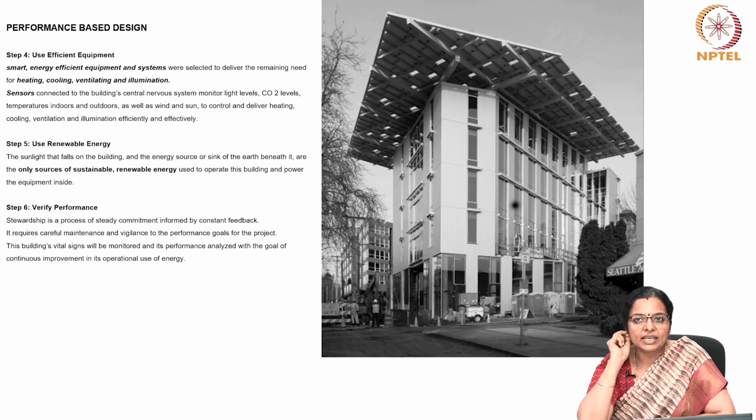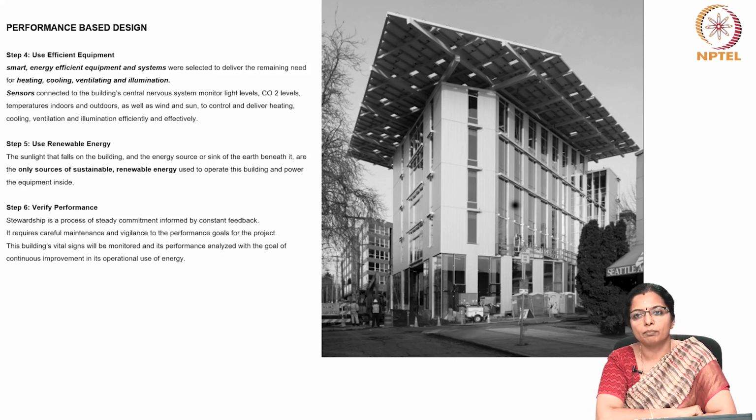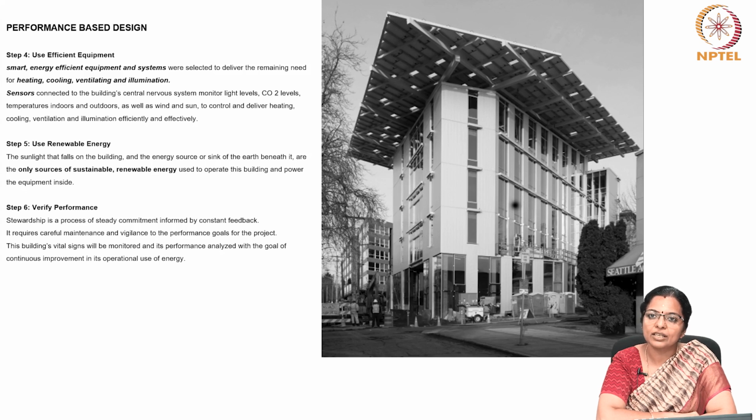Sensors connected to the building's central nervous system monitor light levels, carbon dioxide levels, temperature, indoors and outdoors, as well as wind and sun to control and deliver heating, cooling, ventilation and illumination efficiently. Fifth is use of renewable energy. The sunlight that falls on the building and the energy source or sink of the earth beneath it are the only sources of sustainable renewable energy used to operate this building and power the equipment inside.